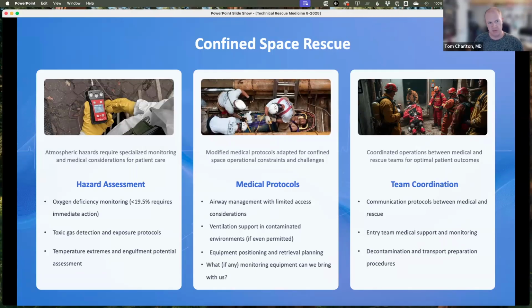It's important that these teams are doing lots of atmospheric assessment, that they have adequate airflow. They will spend a lot of time making sure that the atmosphere is safe to operate in, making sure that they've got adequate inflow and outflow of the environment to keep things hopefully safe. It's also important that they're monitoring temperature extremes because, again, if you're in a tank that's above ground in the hot summer sun, that can get pretty hot in there, and so it's important to be monitoring the temperatures as well.